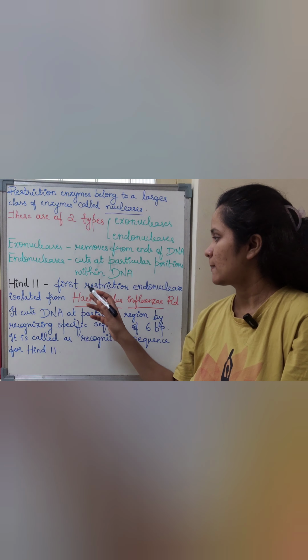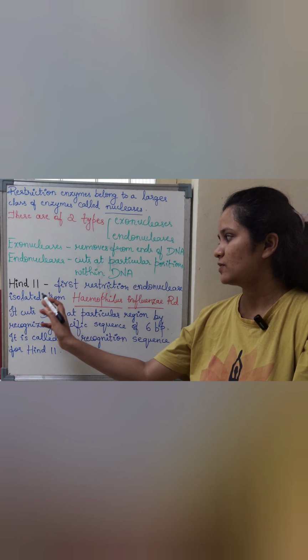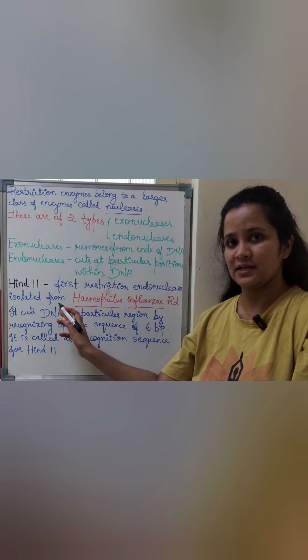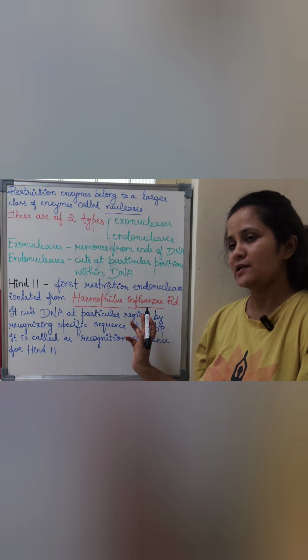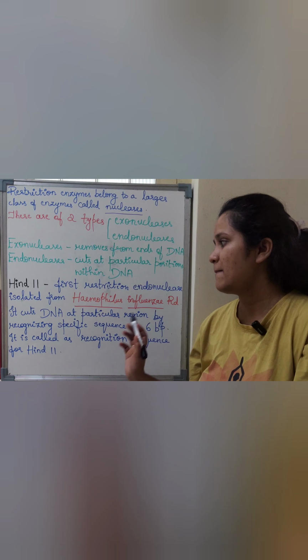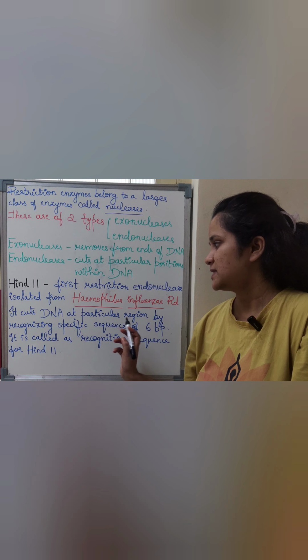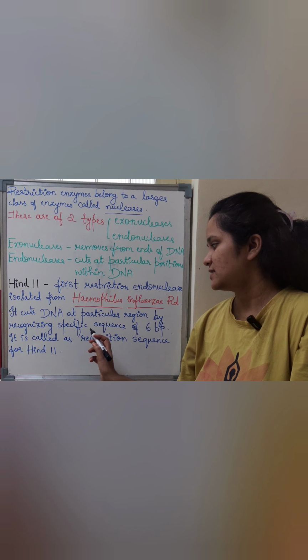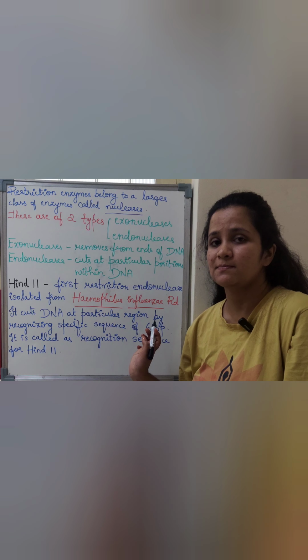Hind II was the first restriction endonuclease isolated from the bacteria Haemophilus influenzae Rd. Rd refers to the strain of the bacteria. It cuts DNA at a specific region by recognizing a specific sequence of 6 base pairs.